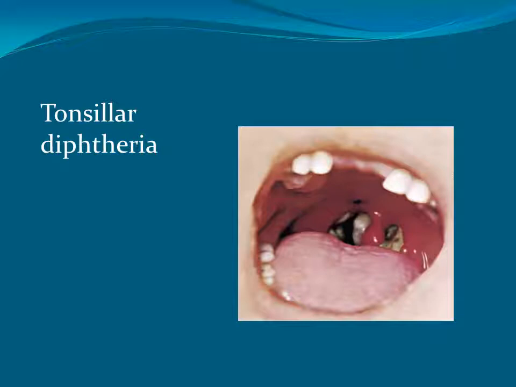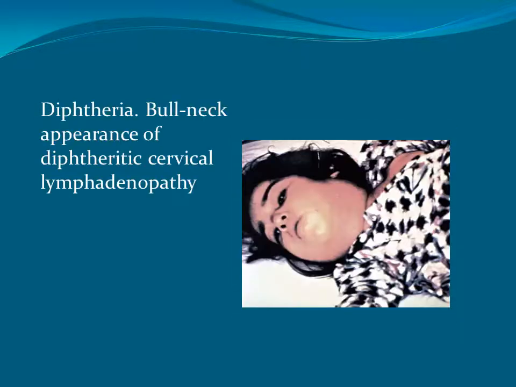This is by examination of the tonsil, and we see a gray-white membrane. Sometimes dislodgement of the membrane can cause suffocation. This is called the bull neck appearance of diphtheria. Cervical lymphadenopathy appears in this picture.